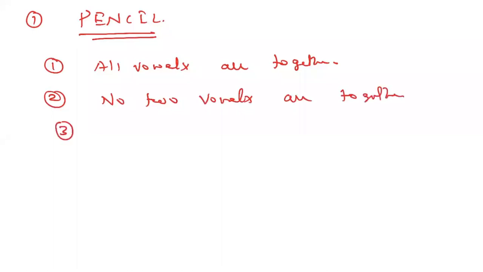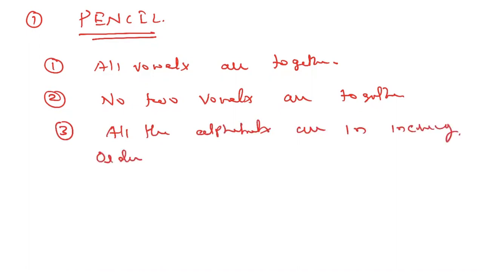Case third, all the alphabets are in increasing order as in the dictionary, right? Means I know, like E is ahead of C, right?